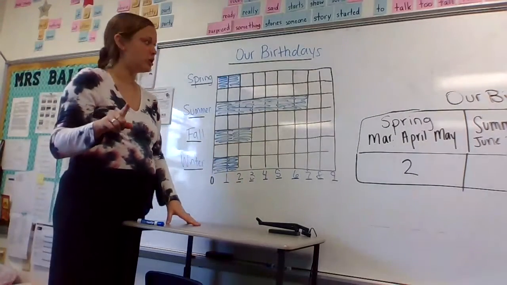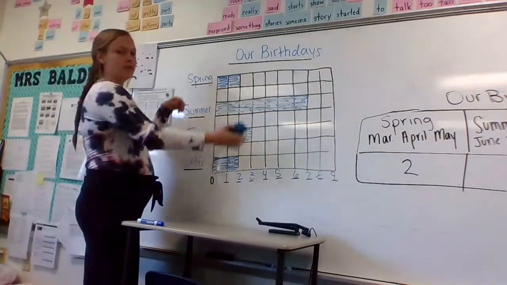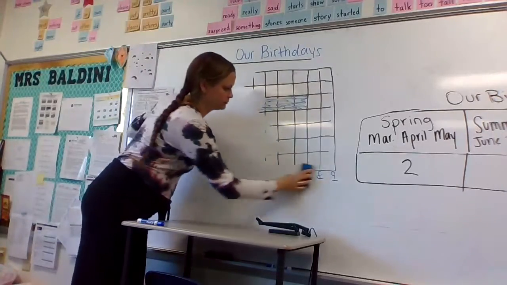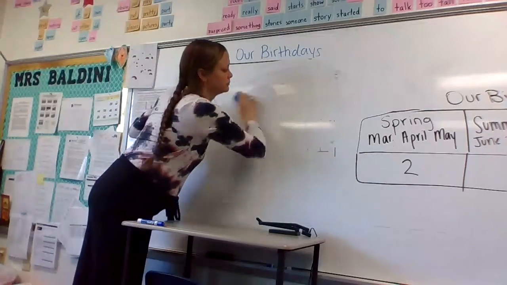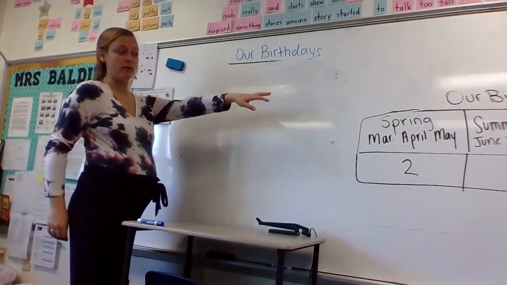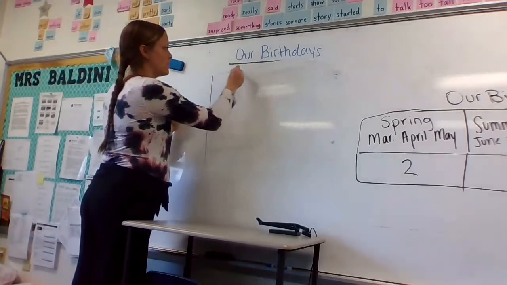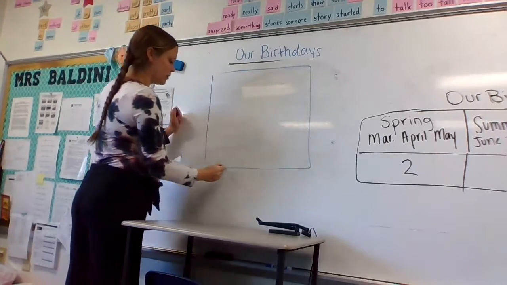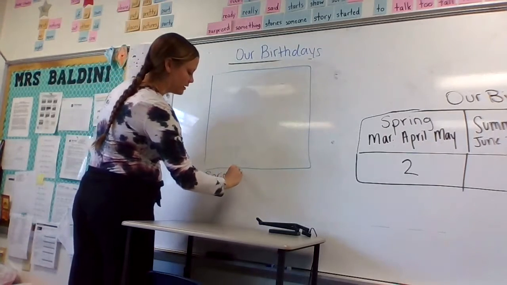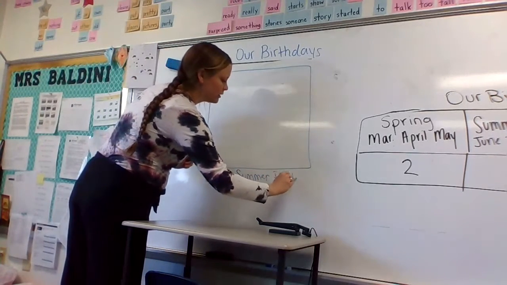Now, one more thing I wanted to show you. On your bar graphs, you can flip them the other way. We're still going to use the same data set, this birthdays chart, but we're going to flip our bar graph. And it's going to mean the exact same thing, it's just going in a different direction. I'm going to put my categories down here: spring, summer, fall, winter.